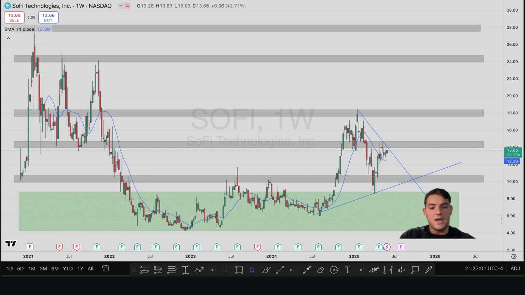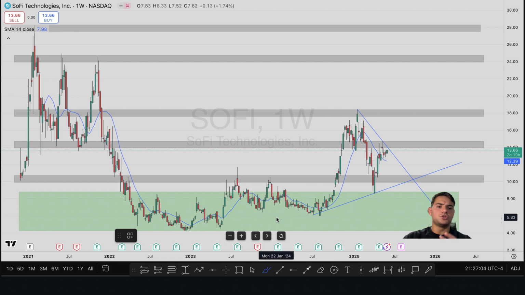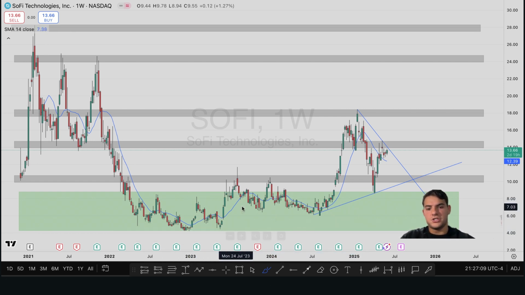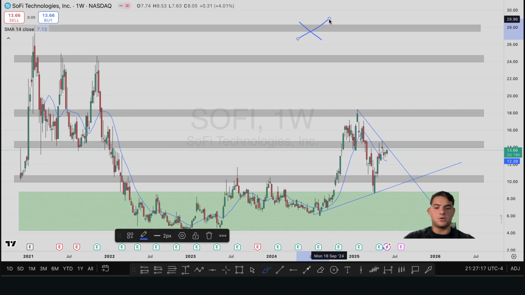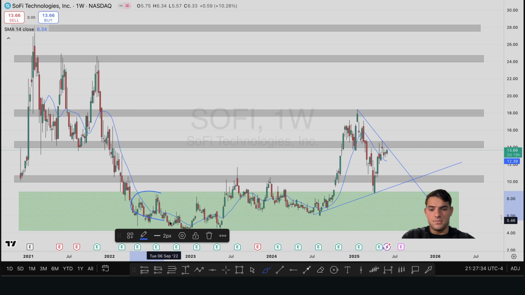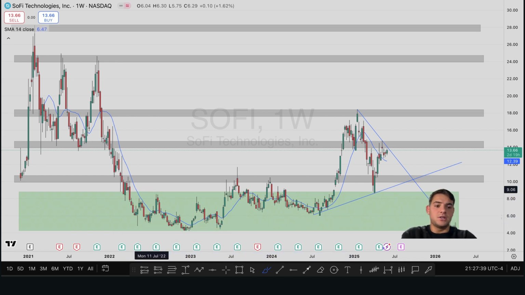The two tools that I have on the charts right now are these levels over here: this green level, this green AOI, which is area of interest, and then these 5 silver areas. Each one of these is basically a zone or an area of interest that I believe can go either up or down. First, this green area means this is the best opportunity that I'm looking at to be entering SoFi stock.